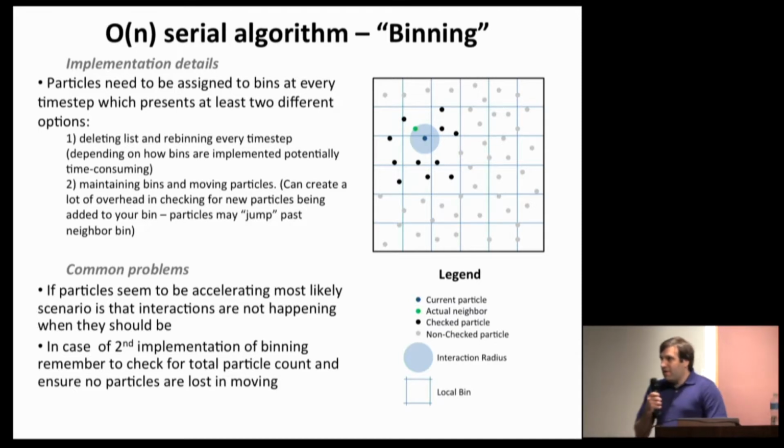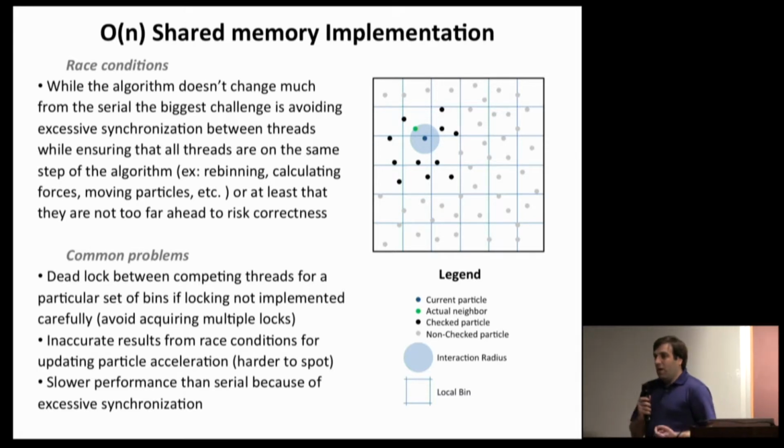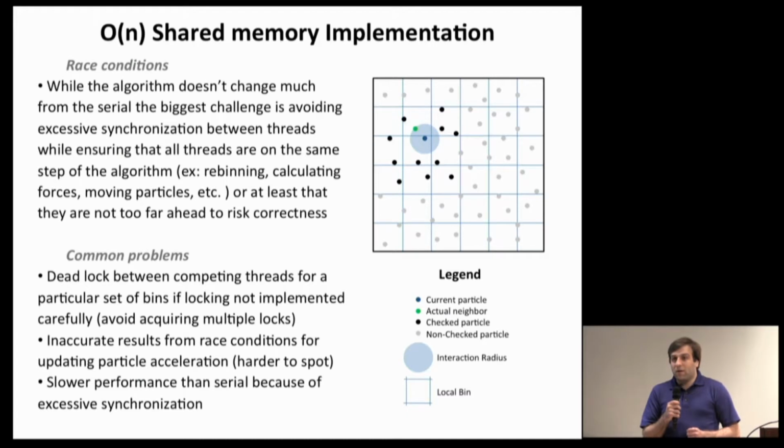So the general idea is here, and how you implement this is up to you, and how well you implement this will determine how good of a serial algorithm you manage to get. Now, in order to move from this to a shared memory implementation, there's actually not that much that you have to do. You just have to check what are the moments in my code where I could have two different threads trying to write to the same location.